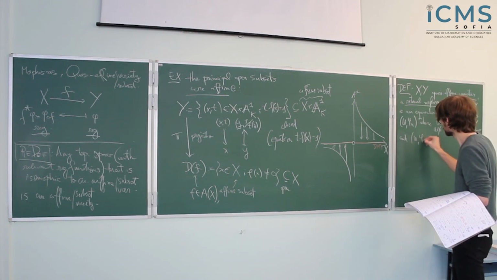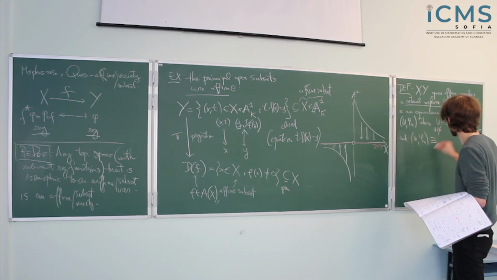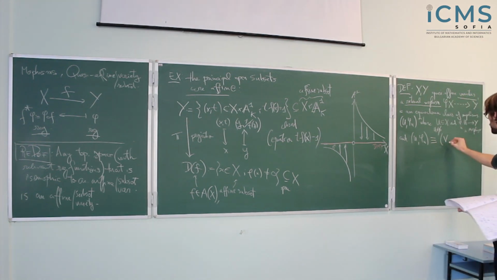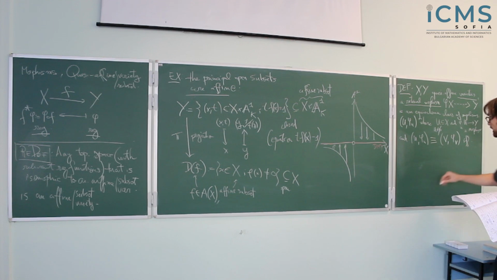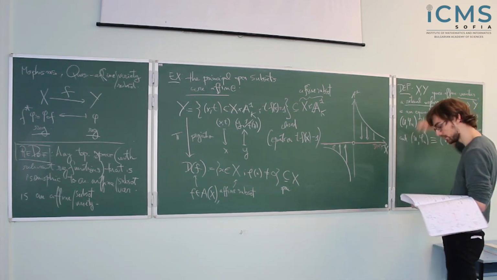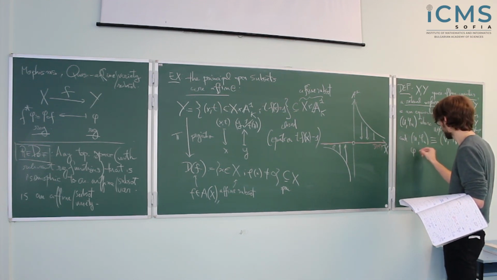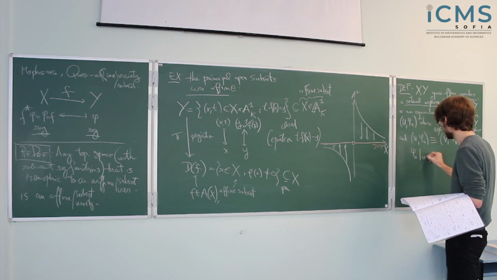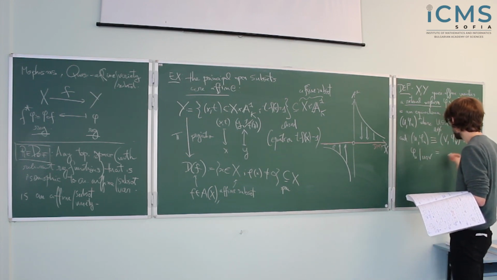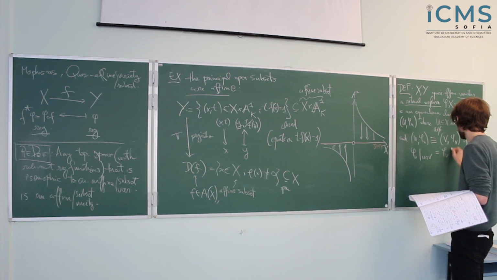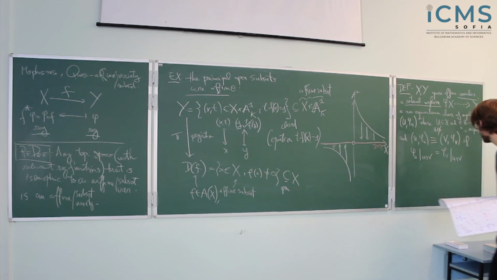Okay, and so what's the equivalence relationship? Well, obviously the equivalence relationship simply says that they agree on the intersection. If you restrict phi_U to the intersection of U and V, it is actually the same morphism as phi_V restricted to the intersection.